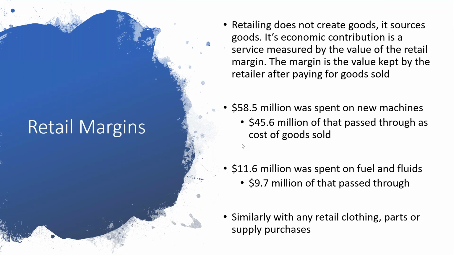In our model, $58.5 million of that 175 direct expenditure was for brand new machines. 45.6 million of that was cost of goods sold and went right out of the model. 11.6 million of our 175 was fuel and fluids. 9.7 million of that was cost of goods sold, and it went right out of the model.